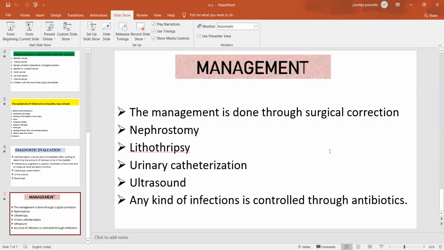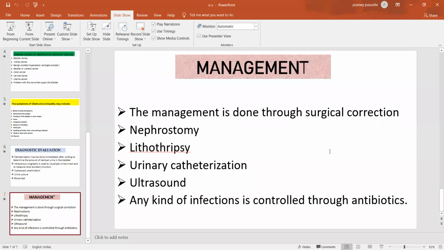Surgical correction: you can perform nephrostomy, and with the help of this nephrostomy you can manage these obstructive uropathies. And with the help of lithotripsy, urinary catheterization, and ultrasound.